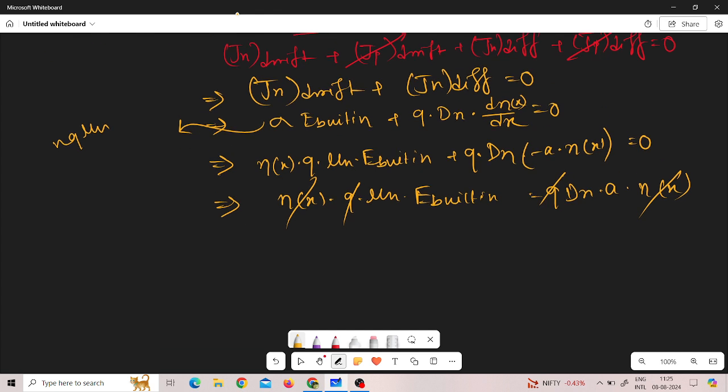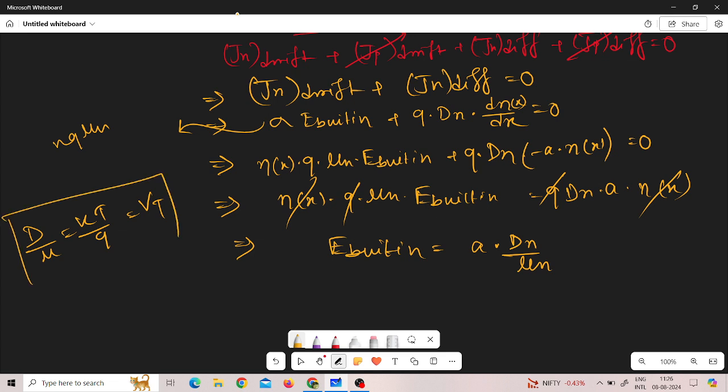So from this we can find E built-in is equal to A dn by mu n. We know that d by mu is equal to kt by q is equal to vt.